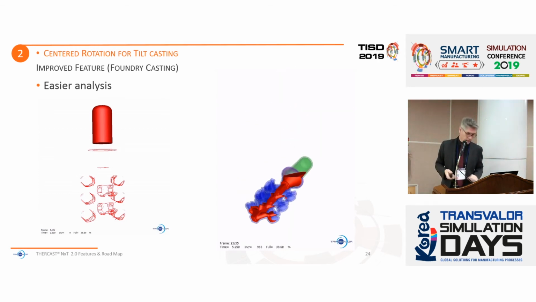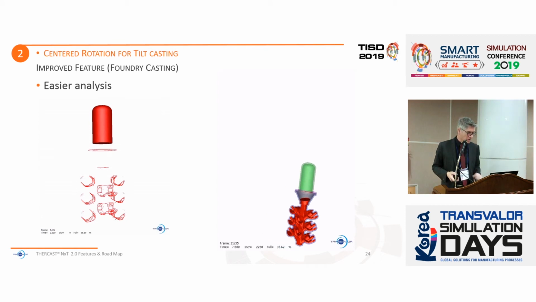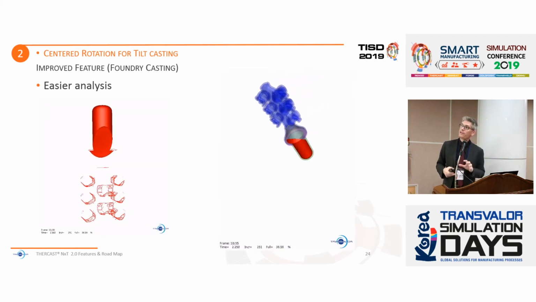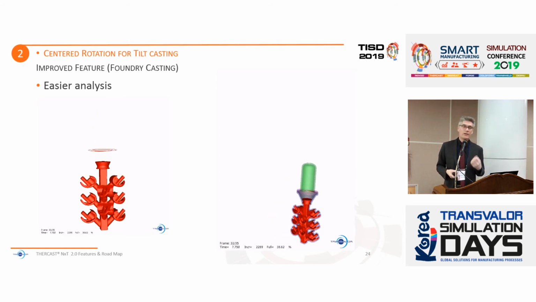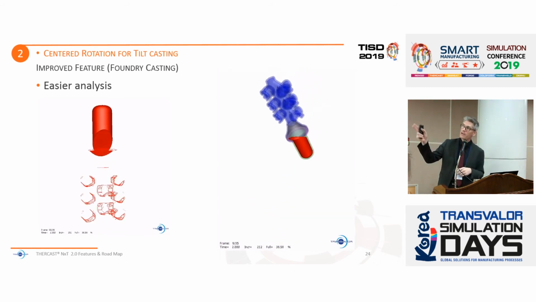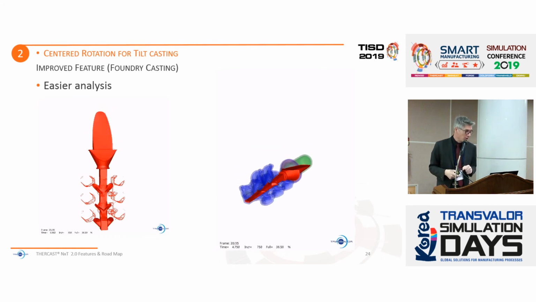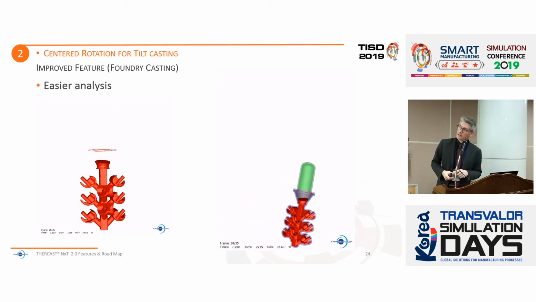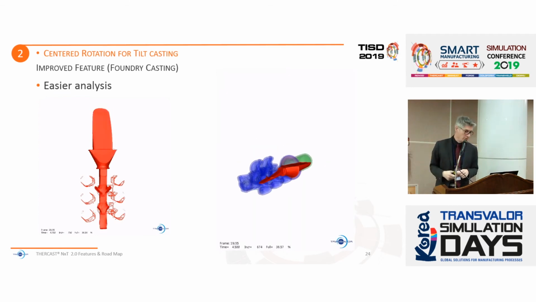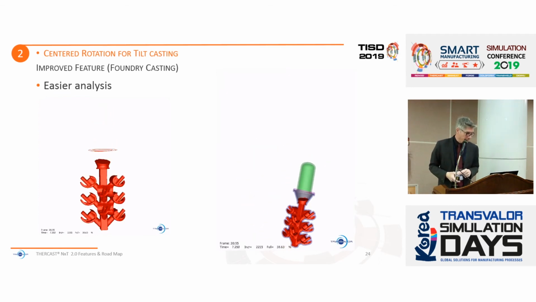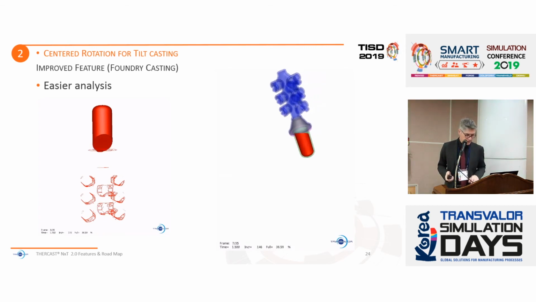So we have developed the possibility to change the point of view in order to fix the mold, and then you see the fluid flow very easily. It's exactly the same case, but with a different representation. The left one is very easy to analyze compared to the right one. So also something very interesting.